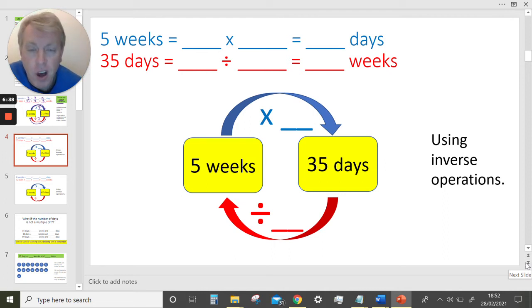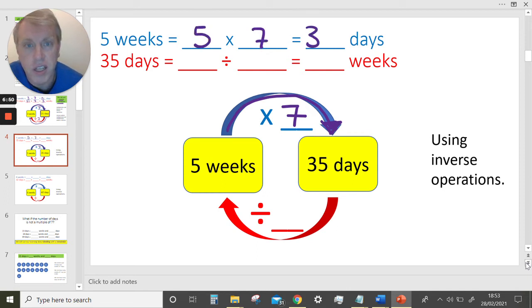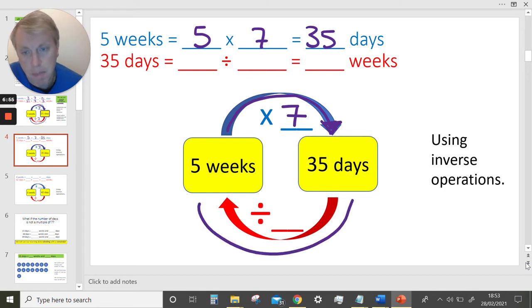Do you remember? 5 weeks. When I want to turn it into how many days, I'm going to do 5 times 7 is 35. 5 times 7 is 35 days. When I start with 35 days and I'm turning it to weeks, I'm not timesing by 7, I'm putting it into groups with 7 in each group.